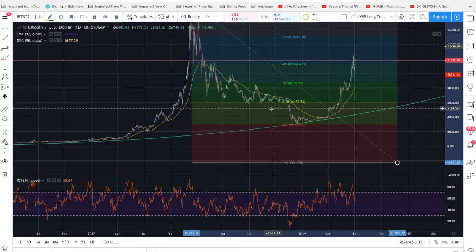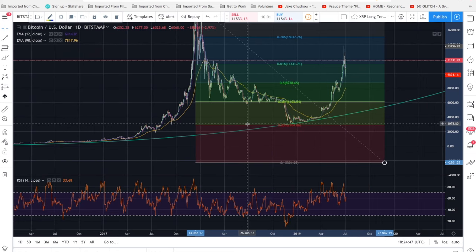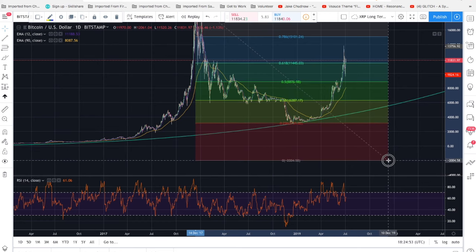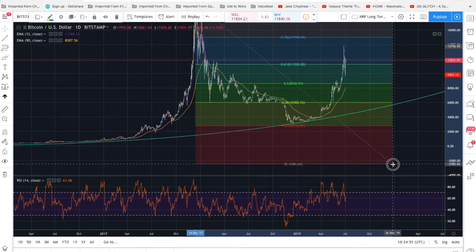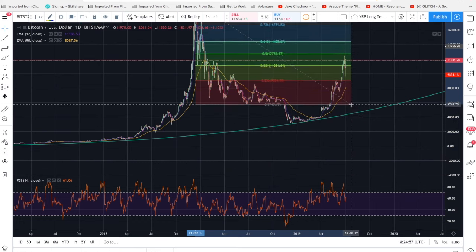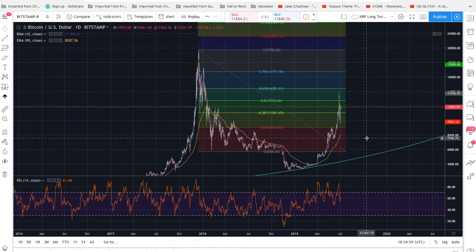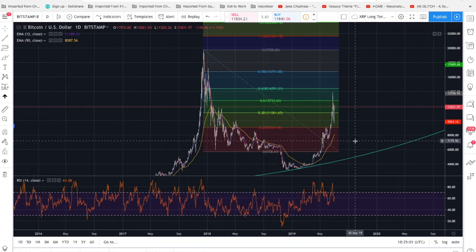So it's just something to look at in terms of playing around with different levels in the Fibonacci sequence to see what could potentially happen, what might work, what might not work for you.